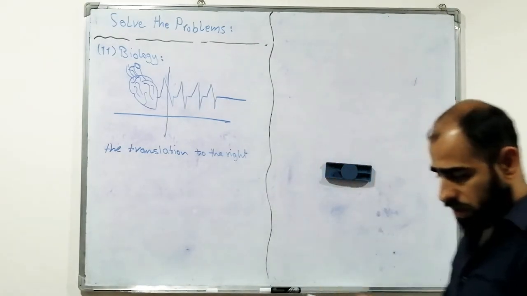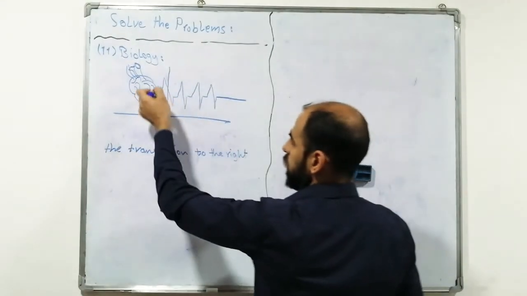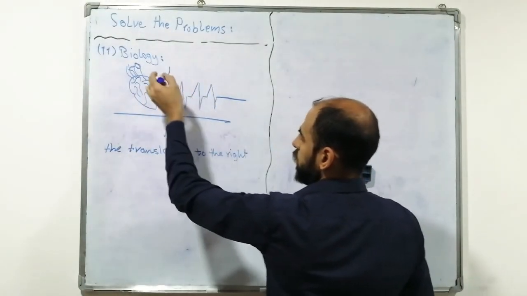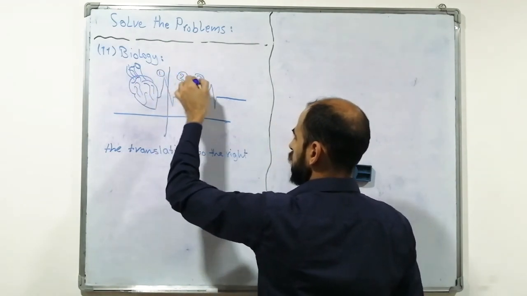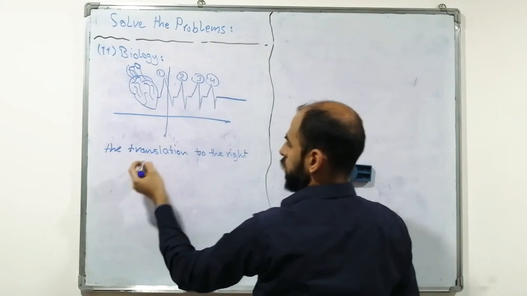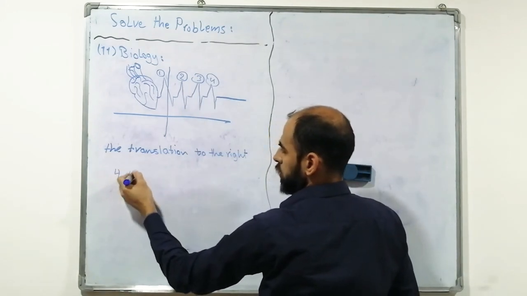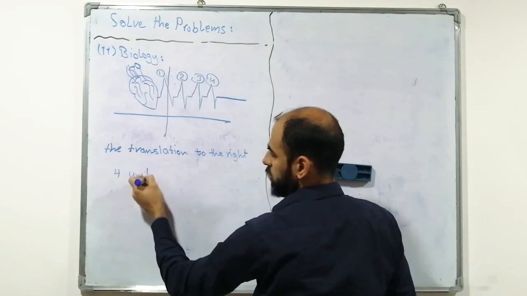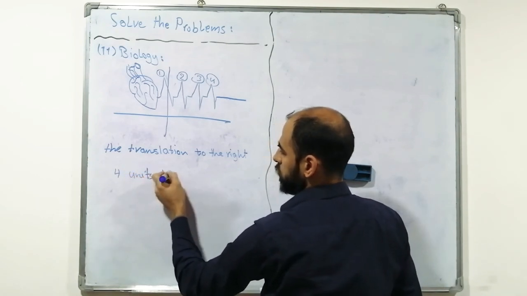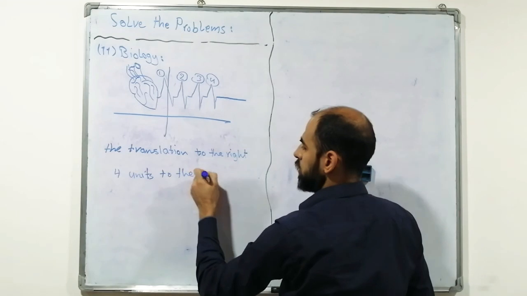Calculate the number of translations. We have to calculate the number of repeats. Now we have 1, 2, 3, 4. So we have 4 units. The number of translations is 4 units to the right.